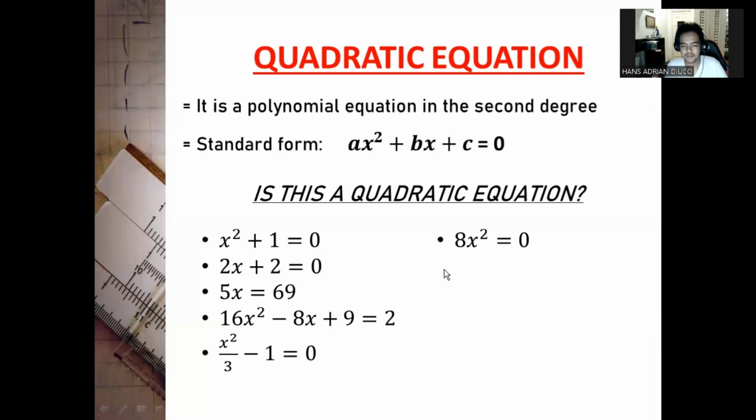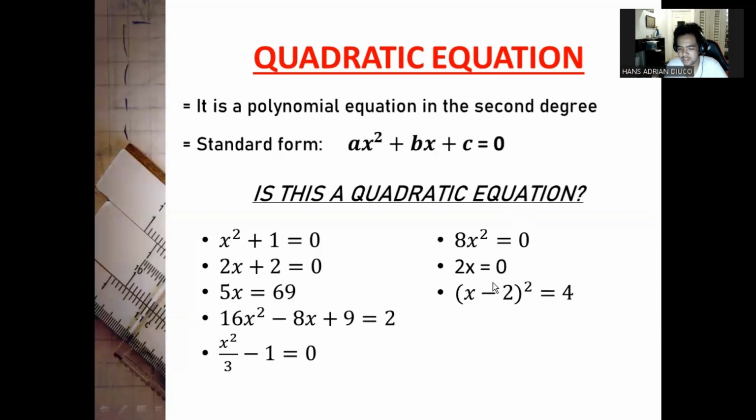Next up is this one. Okay, now you're getting it. Yes, the answer is yes. And for this one, is a no. No, of course not. It's a linear equation. How about this? It's your favorite topic, I'm assuming, back in year 7.